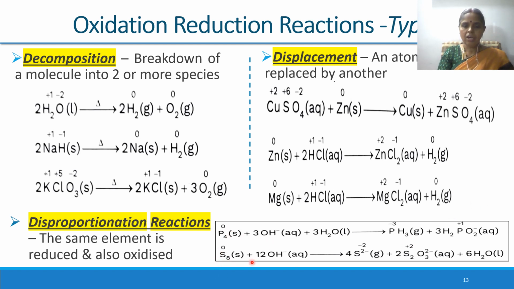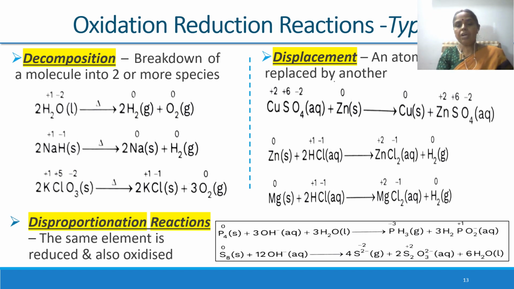Similarly, sulfur on the reactant side, 0 oxidation state, is oxidized to +2 state in one compound, -2 state in another compound. So those reactions in which an element is both oxidized as well as reduced are called disproportionation reactions. Phosphorus is reduced here and oxidized here. Sulfur is reduced here and oxidized here. Such reactions are called disproportionation reactions.